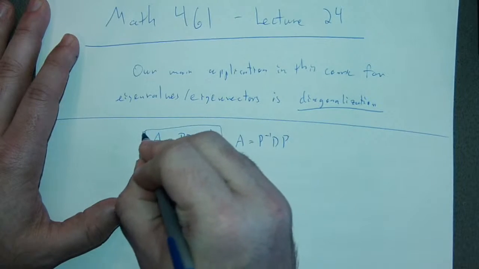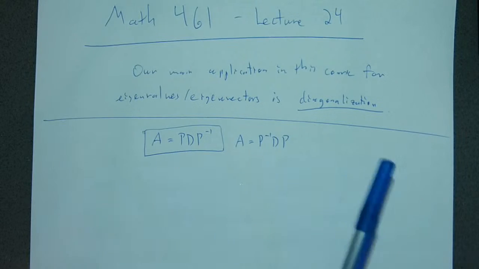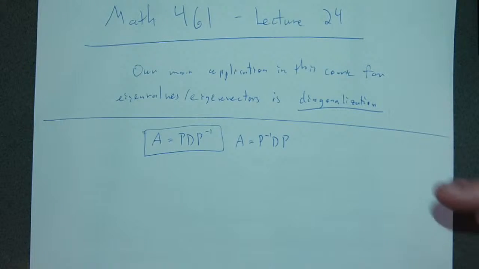The reason why you should list it like this is because in the process that we're going to describe, the matrix P that we get, you would need to flip everything and replace it with its inverse here. So the matrix that you would get here would not be the same P. It would be P inverse that you're describing, which is fine.